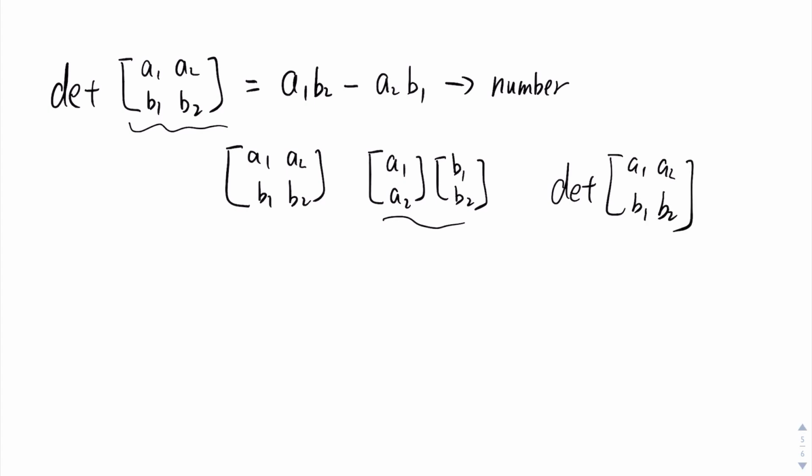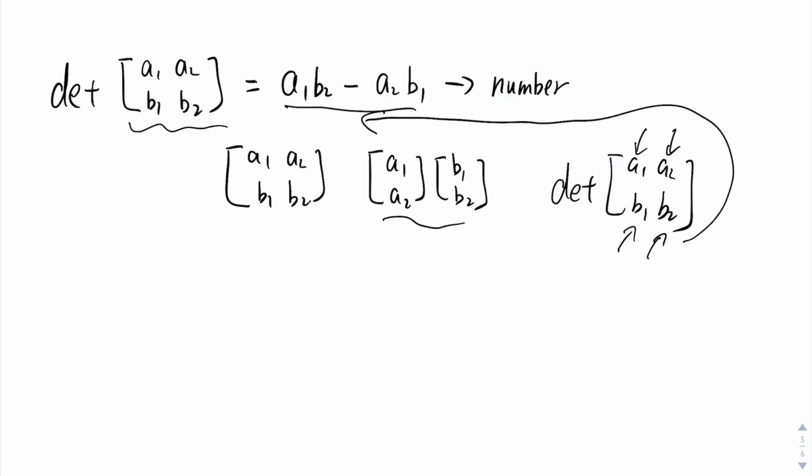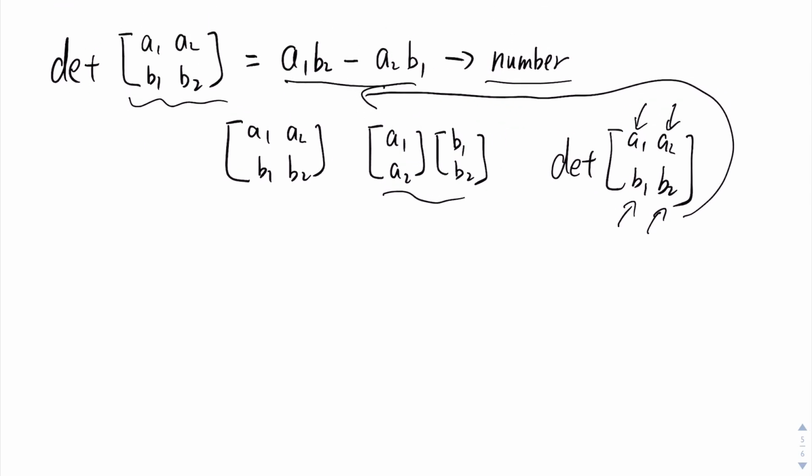And in this case, each of these are just numbers, and you put them in here, so of course you will get a number. So the determinant of two vectors gives you a number. Now what this number means, well, let's dive a little bit deeper here.